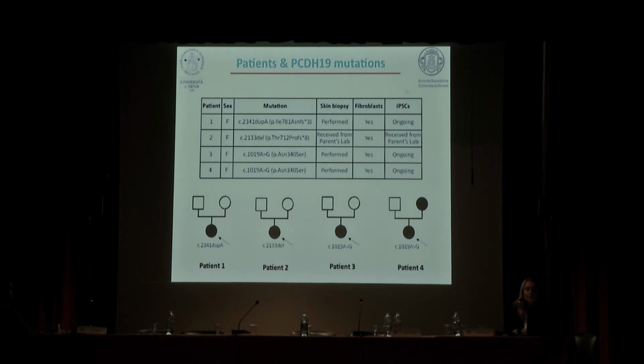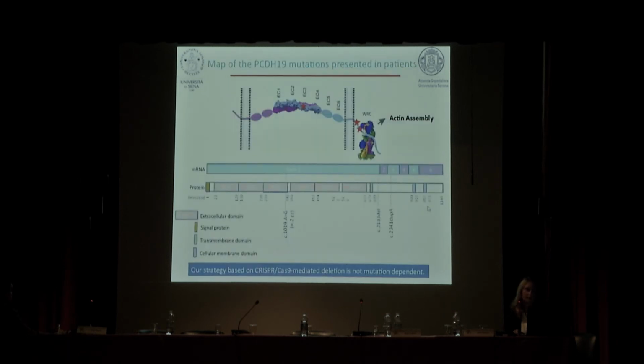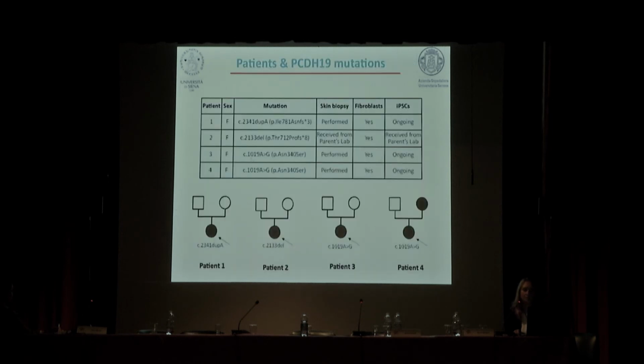And the iPS generation is ongoing, except for one that we received from Jack Parent, whom I really thank for this. 3 out of 4 patients have a de novo mutation, and the last has an inherited mutation from an affected mother. This is the localization of the mutation. We have 3 mutations since 2 patients share the same mutation, that is a recurrent mutation.